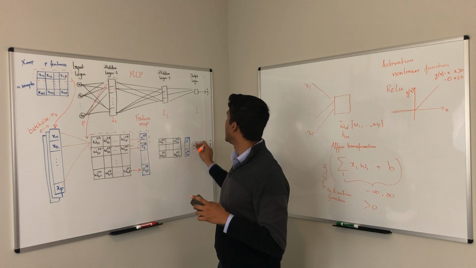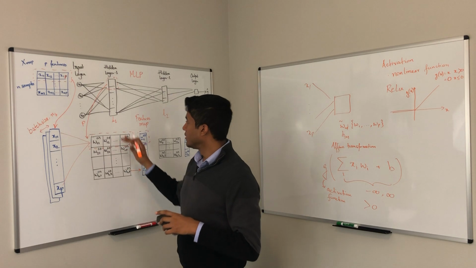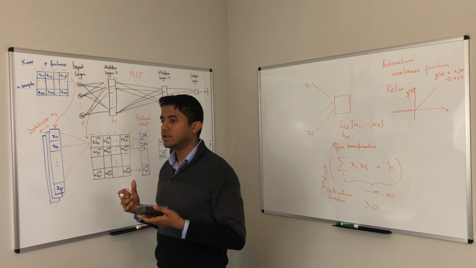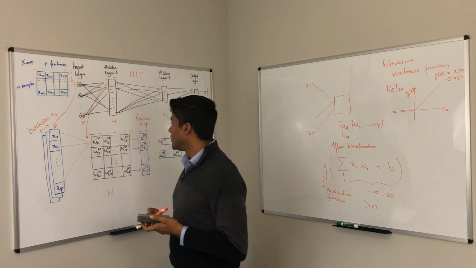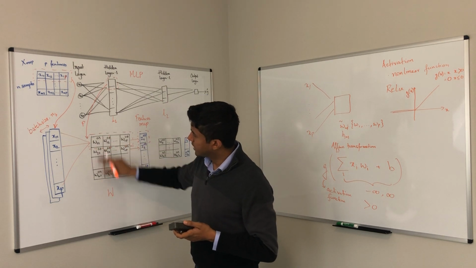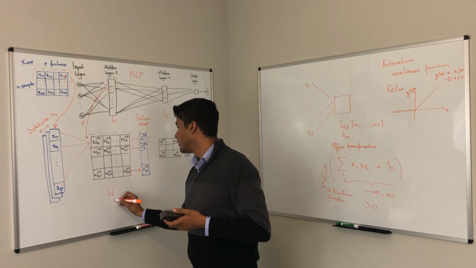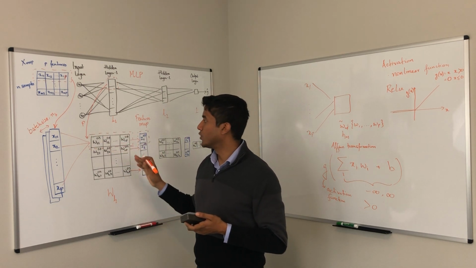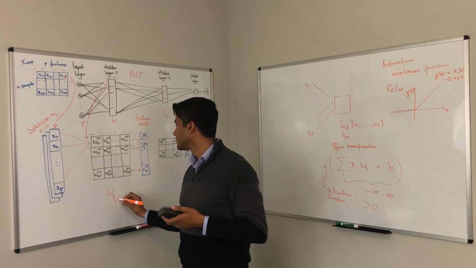Same thing here, and for the output layer we have the superscript O. So the first hidden layer is made up of my weight matrix. The number of rows is equal to the size of my layer L1, and the number of columns is equal to the size of the input features, in this case P.